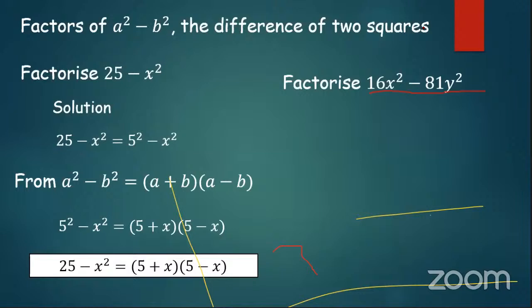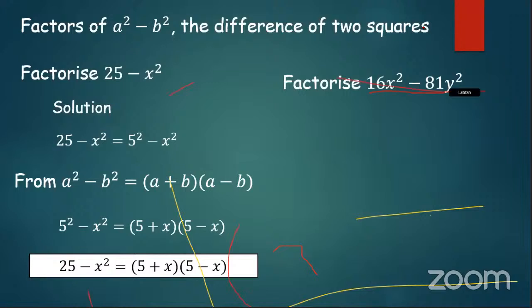Govian, Tracy, Joylyn, Mark, where did you get 2? 16 is written as 4 squared, so it should be 4x. Then Amanya, 4x plus 9y into 4x minus 9y. Teacher, I think it's Govian's answer. Okay.